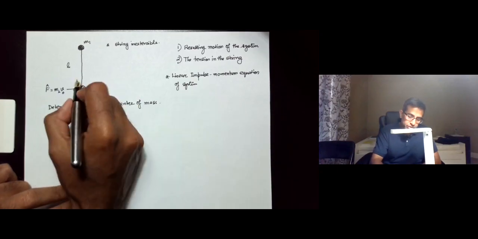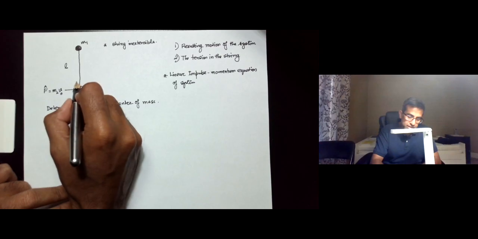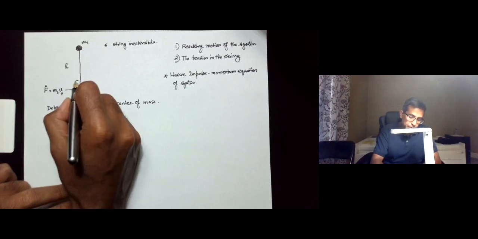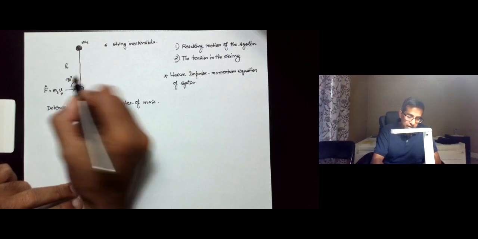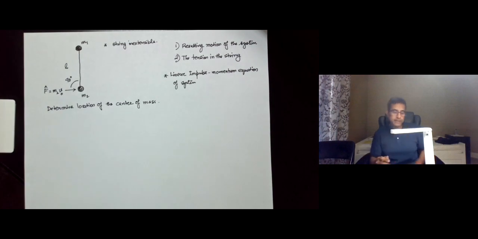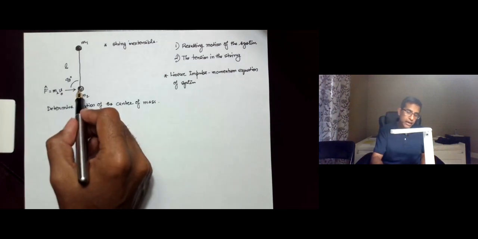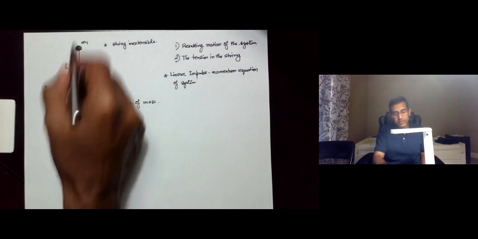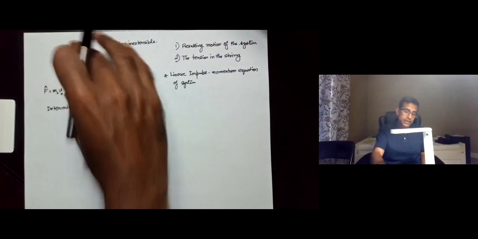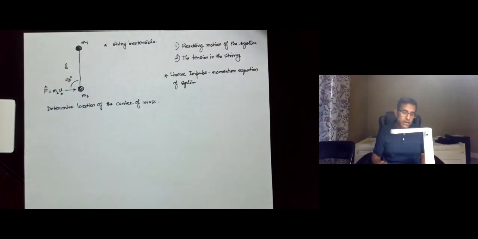By the way, it is also given that this impulse acts on M2 at a 90-degree angle to the string, and initially the two masses are resting at a distance L from each other.